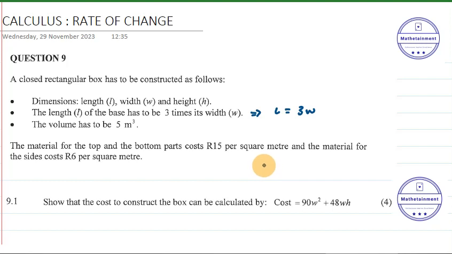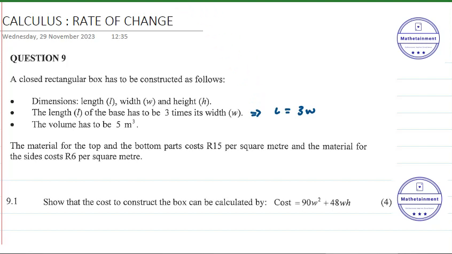So when we reach a scenario where we see L, we can substitute 3W instead of L, the length. We are also told the volume is 5 cubic meters.